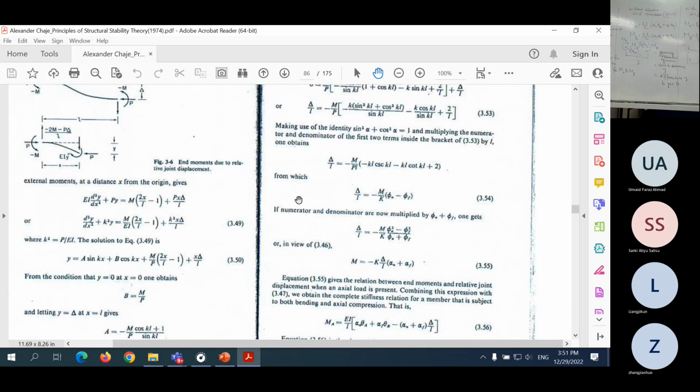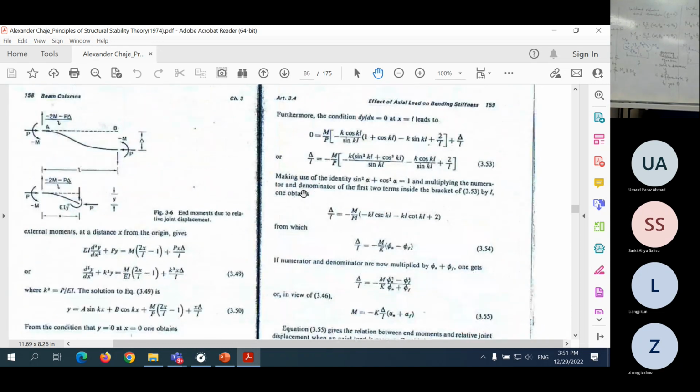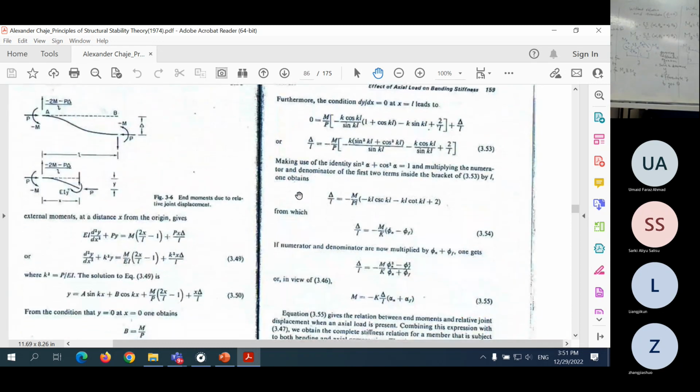Now there are additional steps which need to be considered here: another condition of dy/dx equal to 0. So we get an equation for delta over L, which is given by 3.53.